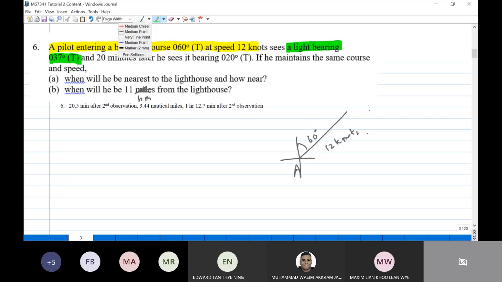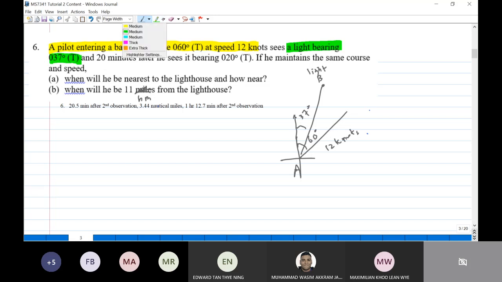There's a light somewhere there at 37 degrees. So there's a point B here. This is where the light is. And 20 minutes later, you see the light at 20 degrees.